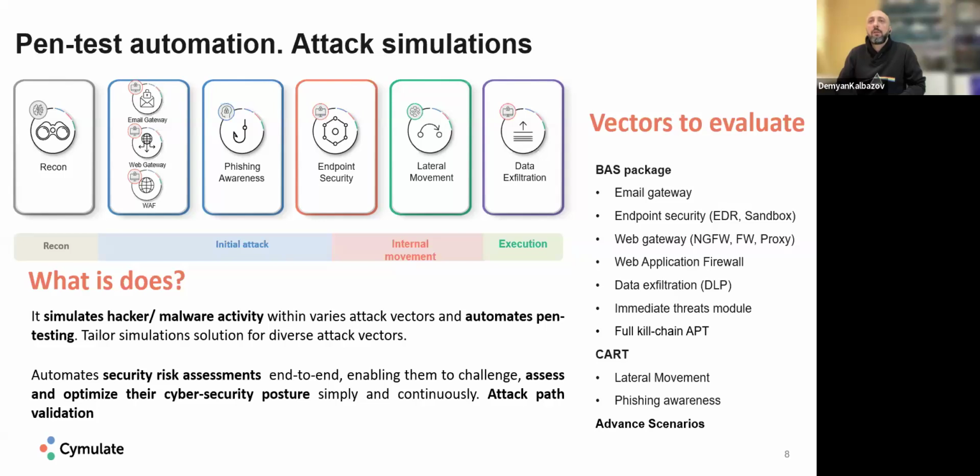So what does the solution do actually? Now let's dive into specifics of what exactly Cymulate does. What problem does it solve? Cymulate is a cloud-based platform that automates evaluation of cybersecurity systems and the vulnerability of the infrastructure to breaches. It does so by testing cybersecurity controls to assess their effectiveness in detecting threats.